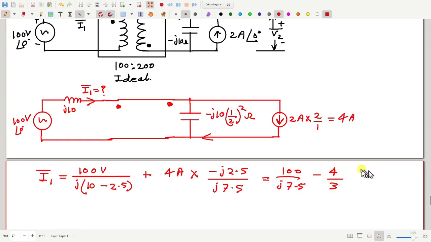Please check, am I correct or not? There will be a minus where? In the middle, plus after the first term, because for the current source the current will be in the opposite direction. This current is flowing in this direction, so part of it goes here, part of it goes here. This is in the same direction as I1. That's why it is just 4 ampere, and this minus is coming because of this minus J.